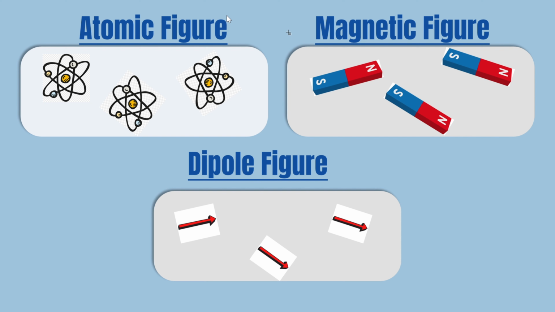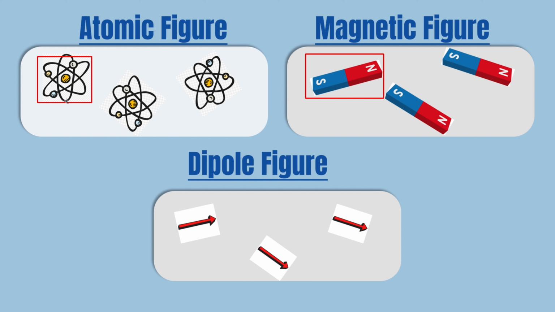Now, summarizing the whole details that we have studied throughout this lecture, let us consider you have a spherical or a cylindrical body in this shape, and let's assume that this body is made up of 3 atoms, with every single atom being a single magnet.